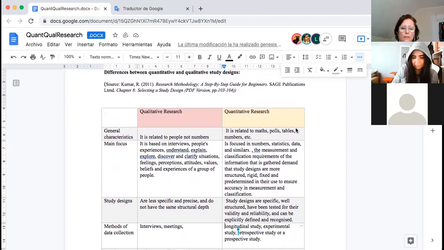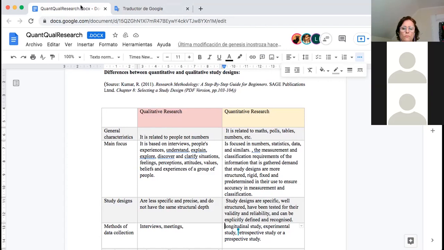Then the main focus: qualitative is related to interviews for understanding people and their experiences. And quantitative is related to number studies, statistics, and measurement, mediciones.